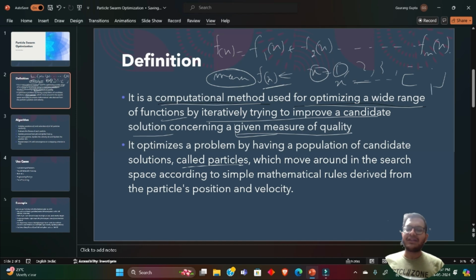What will be your search space here? Here your search space will be all real numbers, depending on these functions. Now, when you define your search space, it will move. It will apply some mathematical rules of particle velocity and position accordingly to select the best solution that can be possible for a given problem.